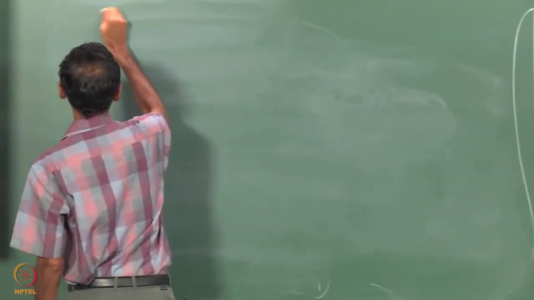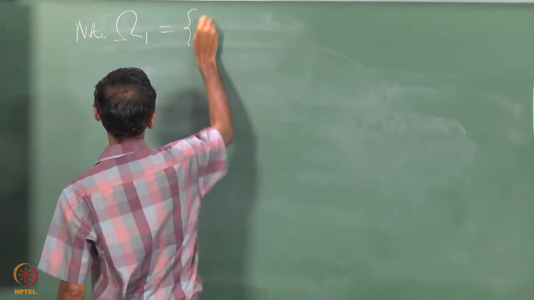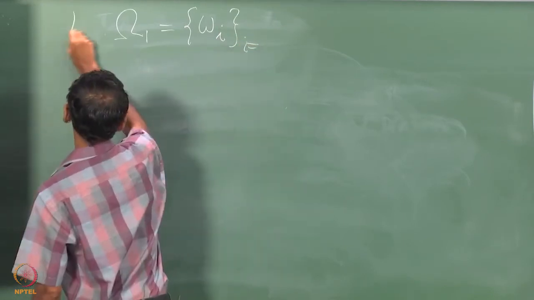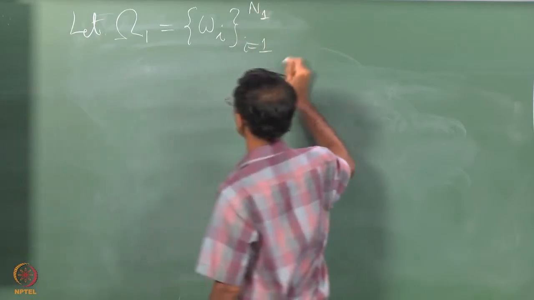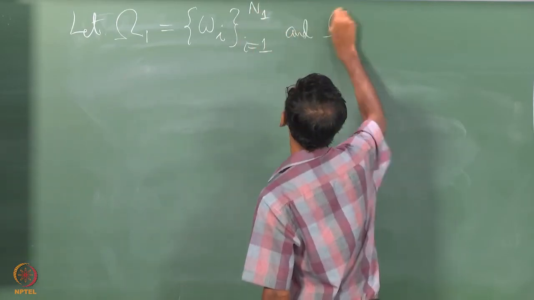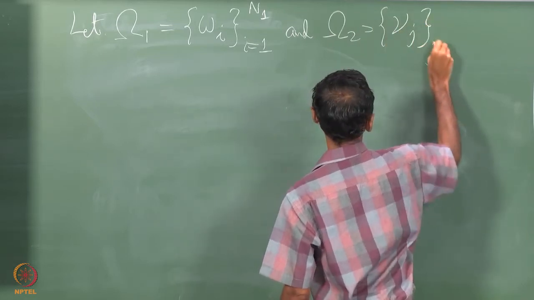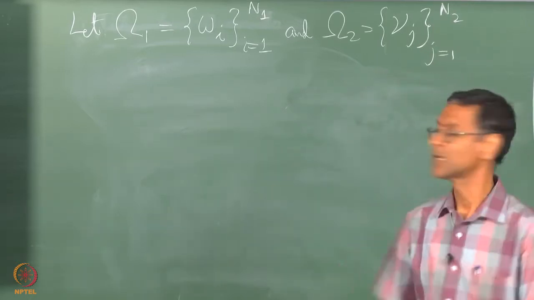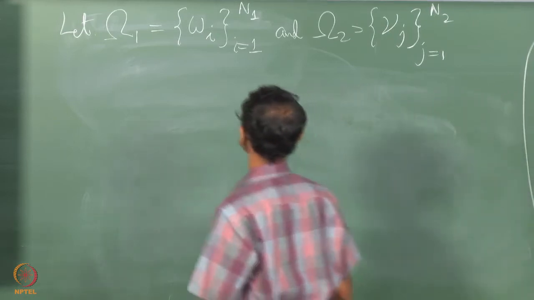Omega 1 is basically these small omega i, let omega i, i equal to 1 to n1, and omega 2 be nu j, j equal to 1 to n2. So this is very clear about what capital omega 1 and capital omega 2 are.